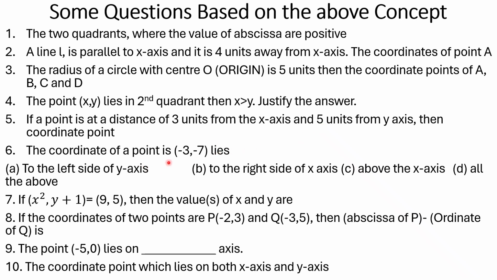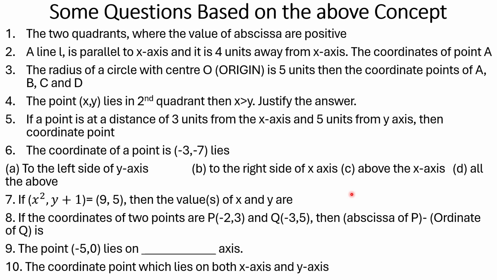Next one: the coordinate point negative 3, negative 7 lies in which quadrant? It is easy to remember, that is the third quadrant. But the question is: to the left side of the y-axis, to the right side of the x-axis, above the x-axis, all of the above.